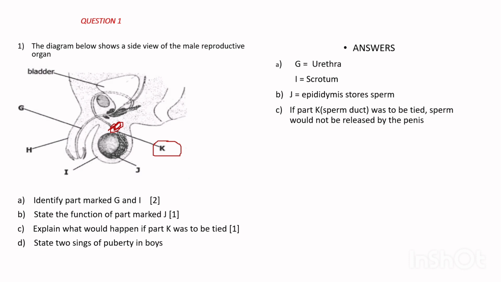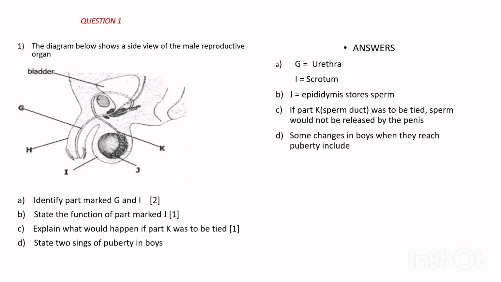Okay, sperm won't reach even the urethra. Why? Because the sperm duct is tied, and we know that the function of the sperm duct is a passage of sperm from the testis to the urethra. As simple as that. We'll move to question D.